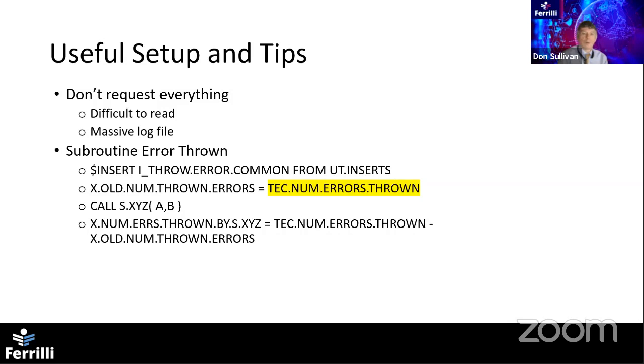Then when you call your subroutine, you're taking the new errors that are thrown and subtracting the old errors. That'll show you the number of errors that your subroutine is throwing. So if you've got one that you think is throwing some errors, or you want to see if any of them are throwing errors, you can just pop this around all of them.